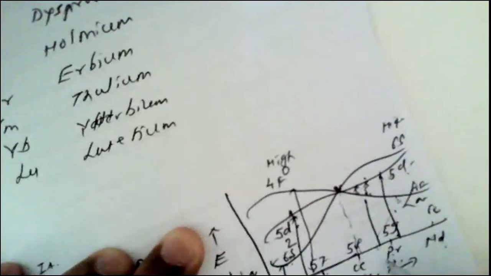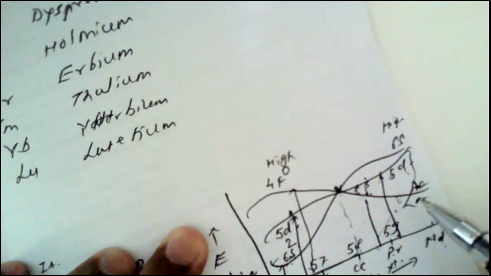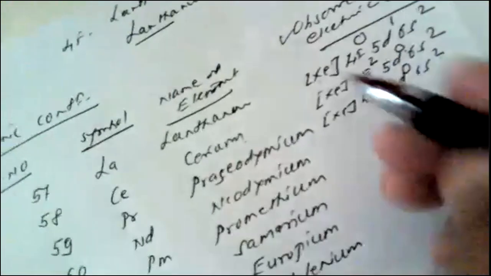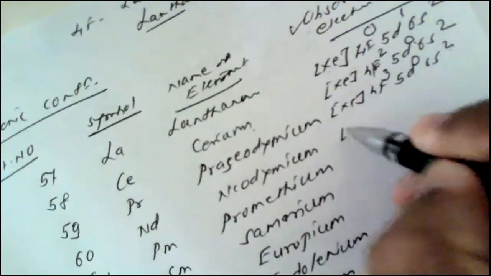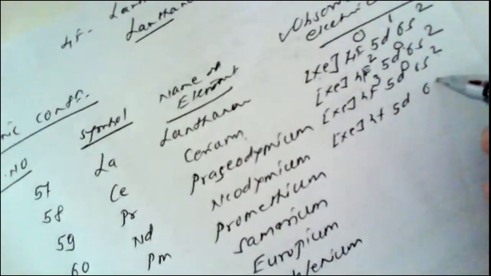When we pass towards other elements, as the atomic number increases, this energy gap between 4f and 5d also increases. So for neodymium, we can write xenon 4f, 5d, 6s.